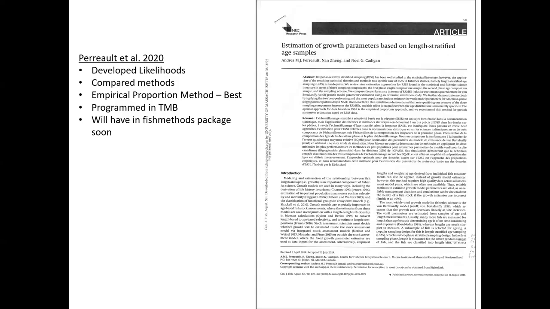With TMB, once your package, like FishMethods, is installed, the package would have to automatically compile the C++ file from TMB, and it'll become part of the code that's installed on your hard drive. Unfortunately, I've only been able to figure out how to do that for Windows, but I haven't been able to do it for the other platforms. So it may take me a while.